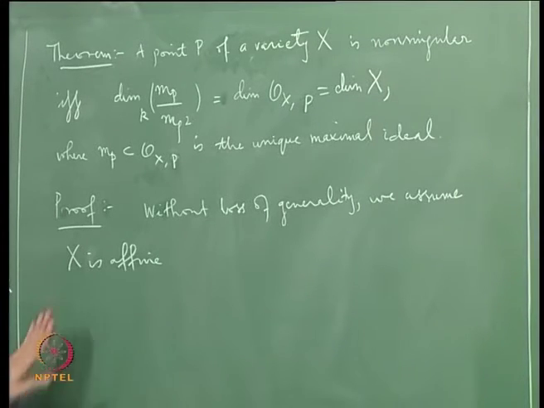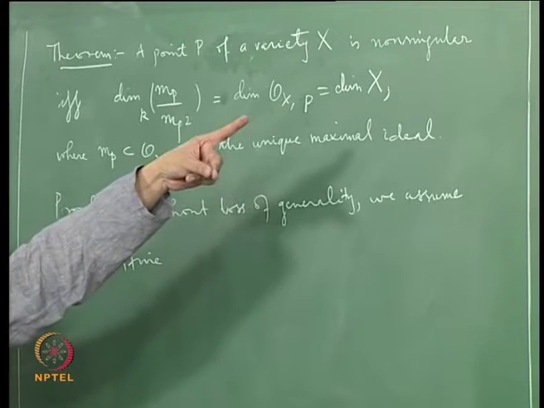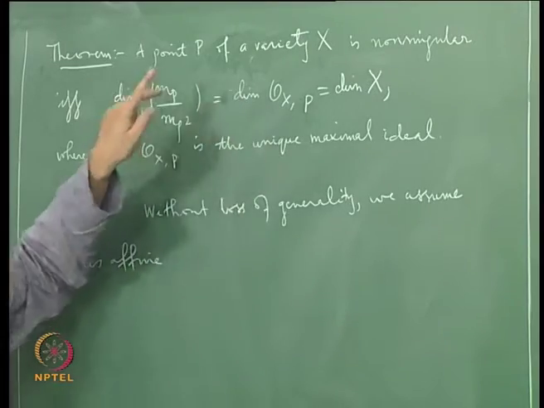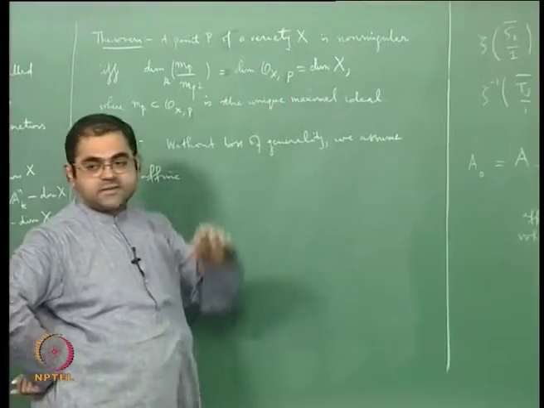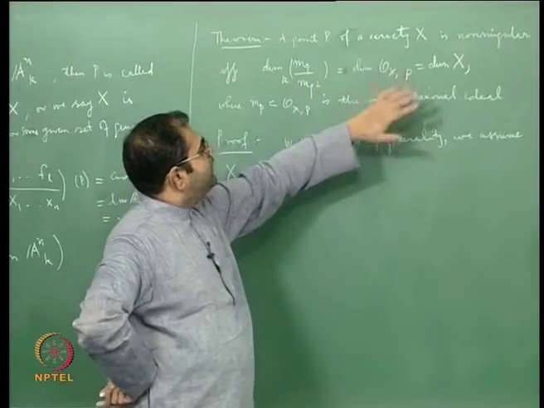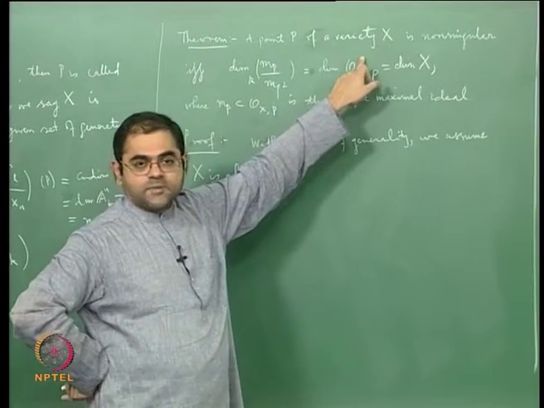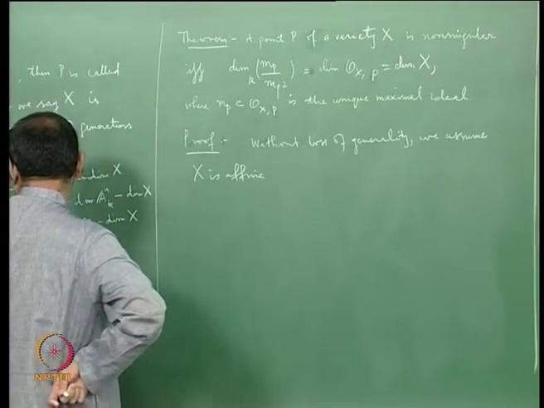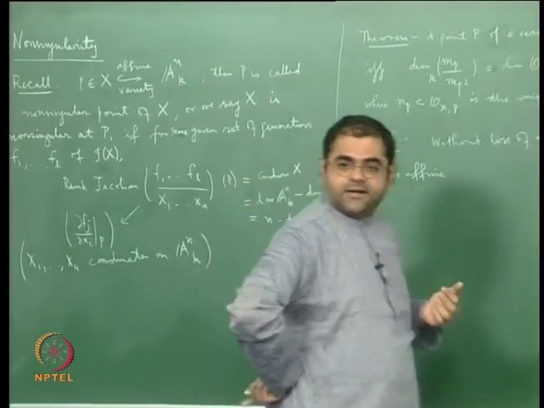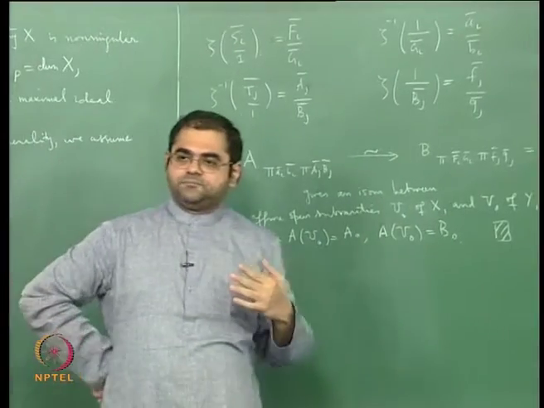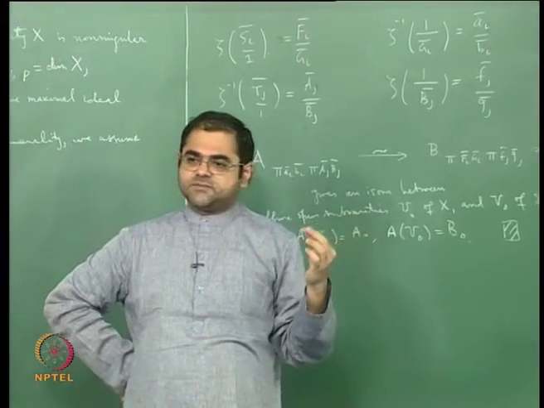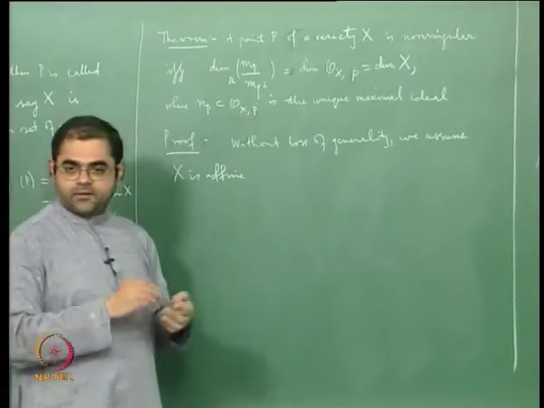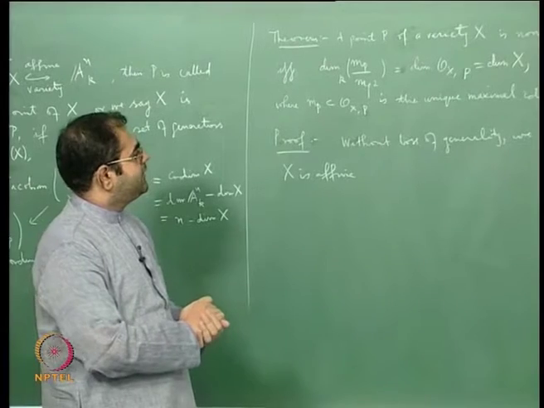This is correct because after all my definition of non-singularity is that a point P of a variety is called non-singular if it is non-singular as a point of an open subset which is affine, because I have defined non-singularity only for a point of an affine variety, and any variety can be covered by open subsets which are affine varieties. So without loss of generality I can assume that X is affine.